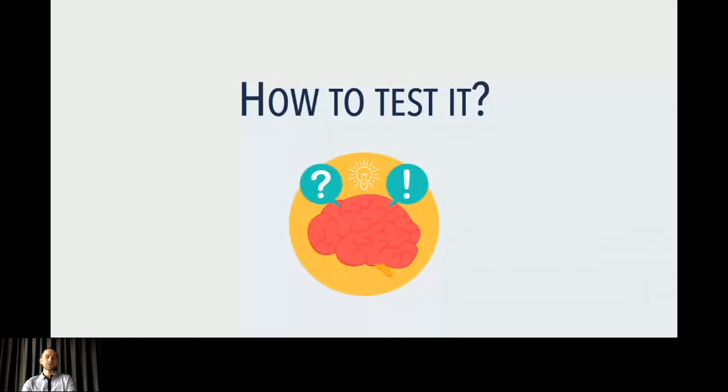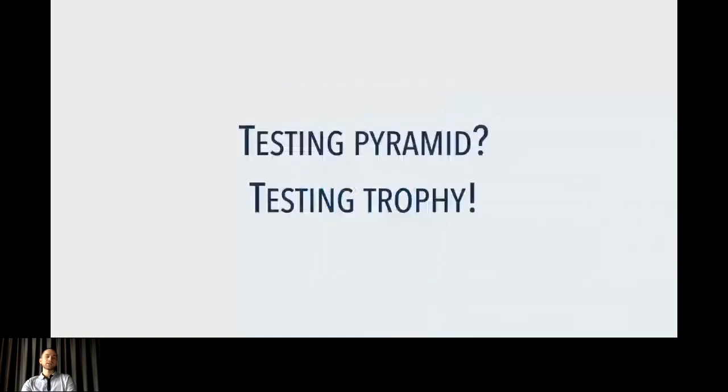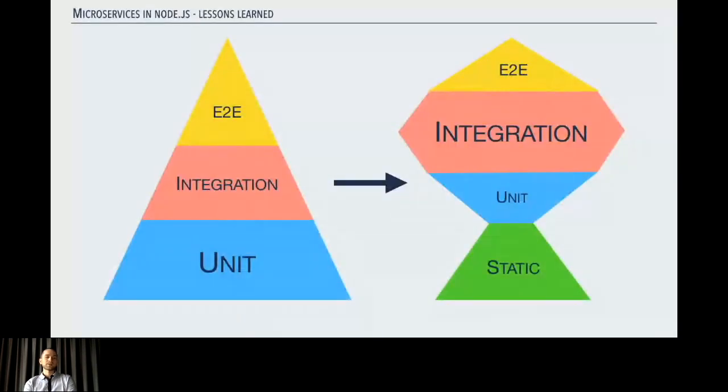We were actually thinking that the testing pyramid is best for every case scenario in the world, but then we realized that it might not be as good for microservice-based applications. So then we realized there is something called the testing trophy. And yeah, the testing pyramid is on the left, and the testing trophy is that shape on the right.